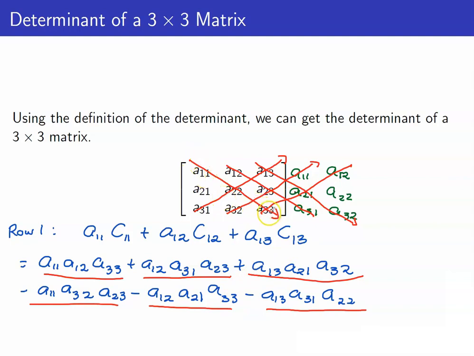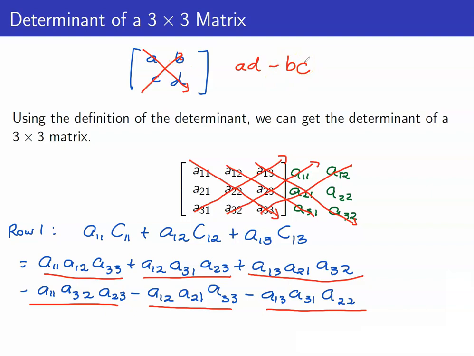If you're going down, you always have plus, but if you're going up, you're having minus. So it's almost the same as in your 2 by 2 matrix, because for your 2 by 2 matrix, you have A, B, C, D. Going down, it's positive. If it's going up, minus BC.